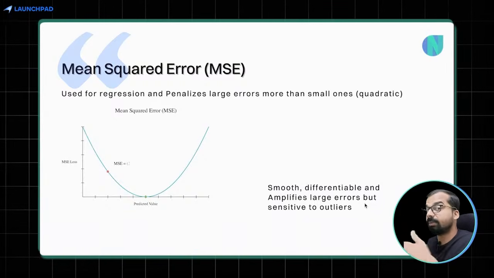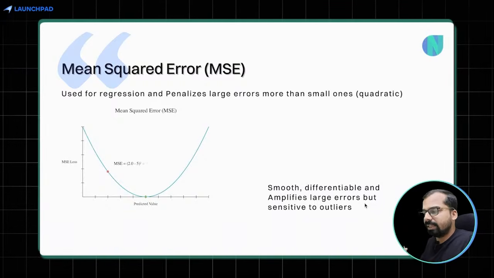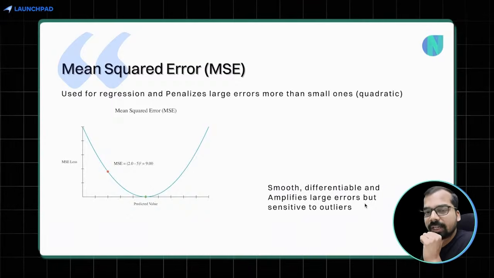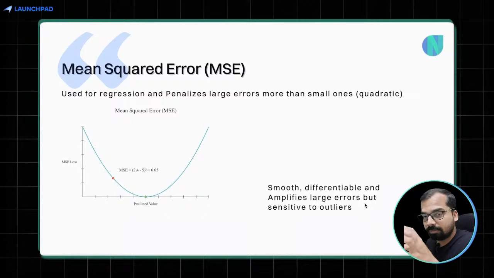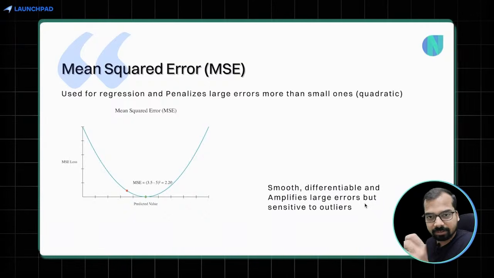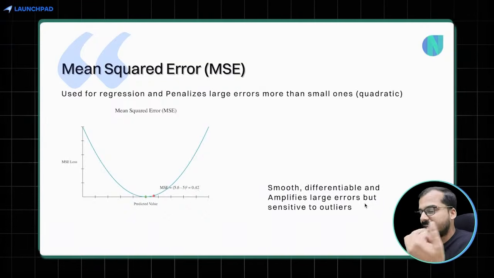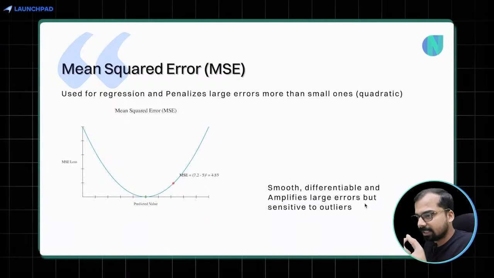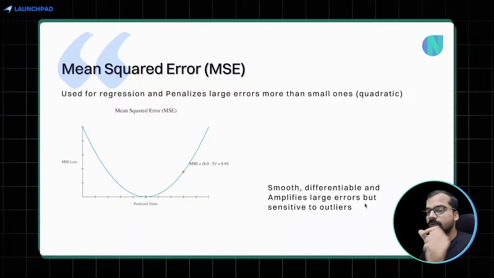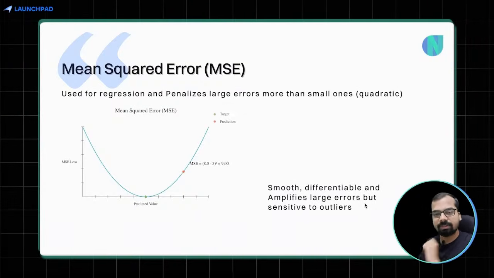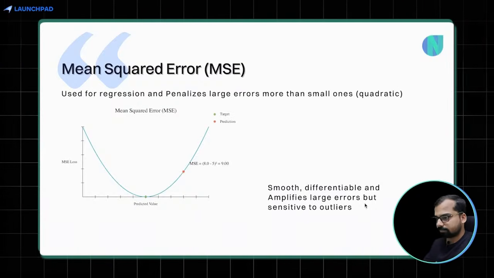It becomes an even larger number. So if your data has outliers, very extreme values, their difference will be quite large, and when you square it, the impact gets amplified. So in case of outliers, mean squared error will give more focus to the outliers. That is one problem with mean squared error.